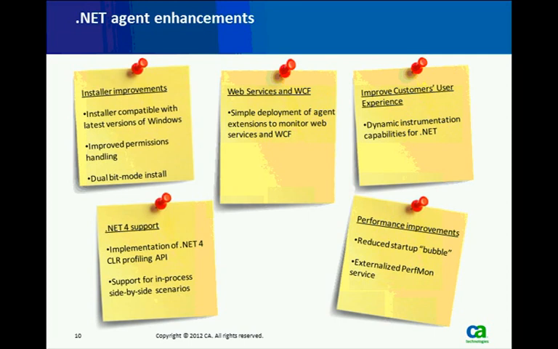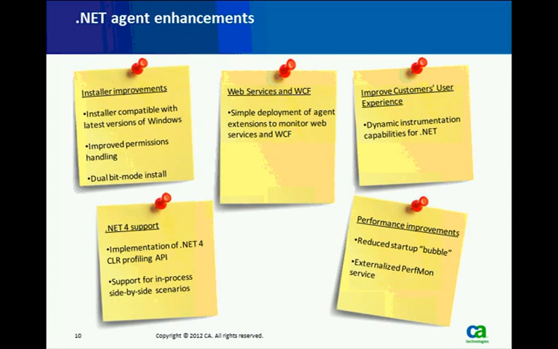Similar to some of the complexity that we took out of the deployment process for the .NET agent, we've also simplified the deployment for the agent extensions to monitor .NET Web Services and also WCF.